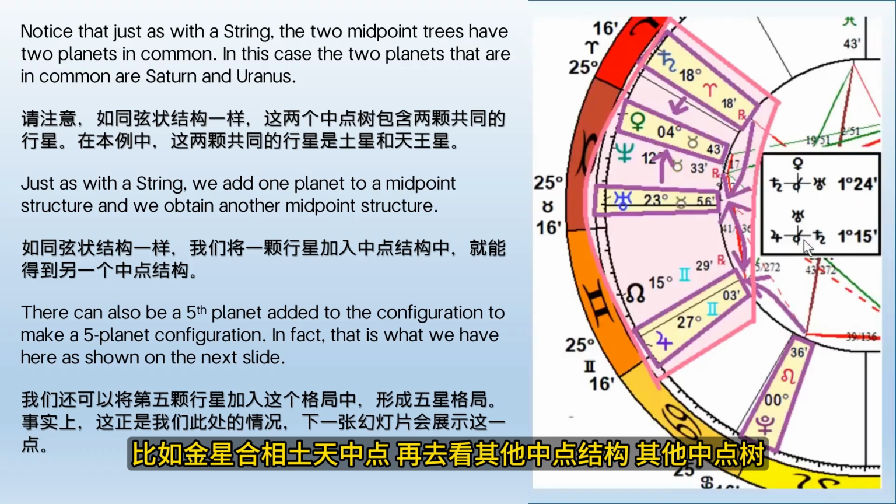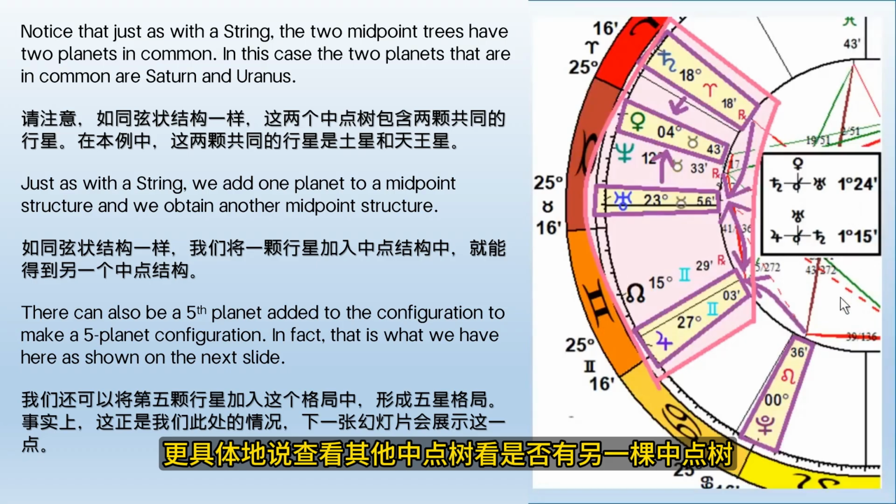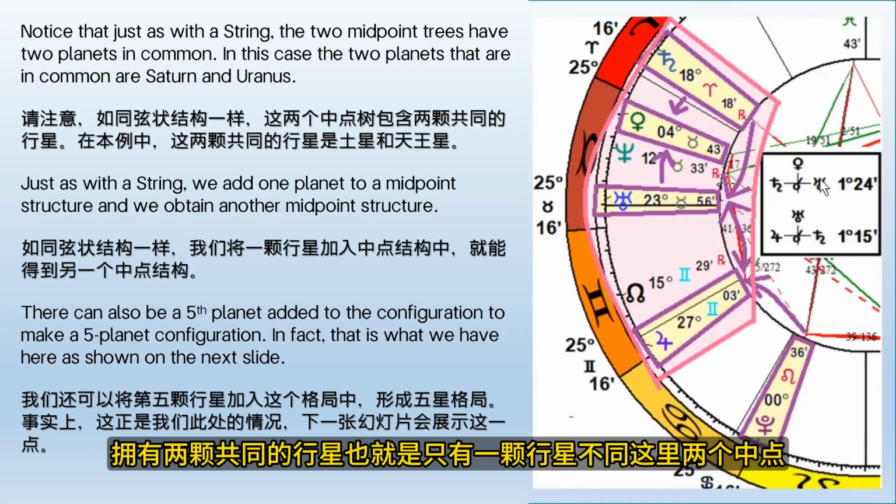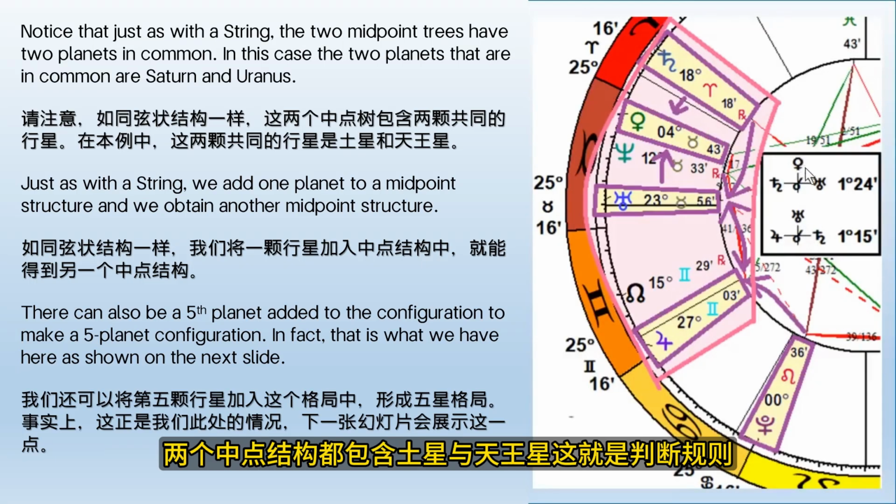Then you look at other midpoint structures, other midpoint trees, more specifically. Look at other midpoint trees and see if another midpoint tree has in common two planets. So only one planet has changed. So here we have Saturn and Uranus in both midpoint structures.